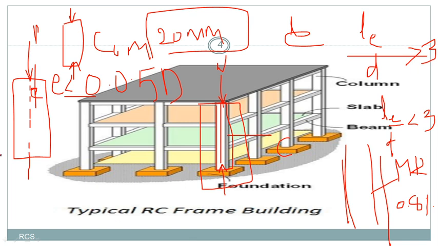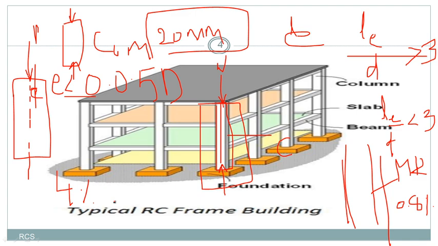But practically we will provide not more than 4% of the gross cross-sectional area. I already explained why 6%, why 4%, and why we are not using 6%. Those things we have discussed in our previous classes.